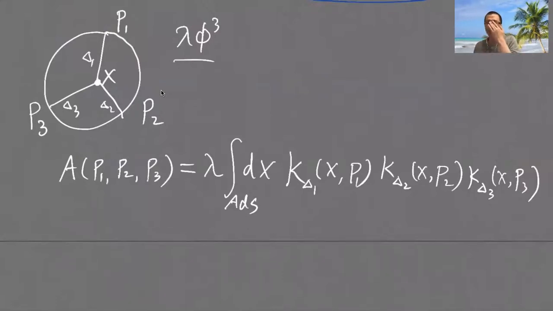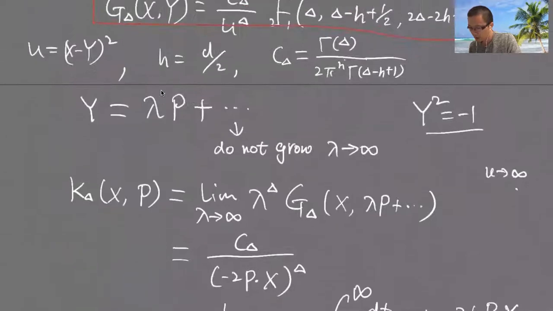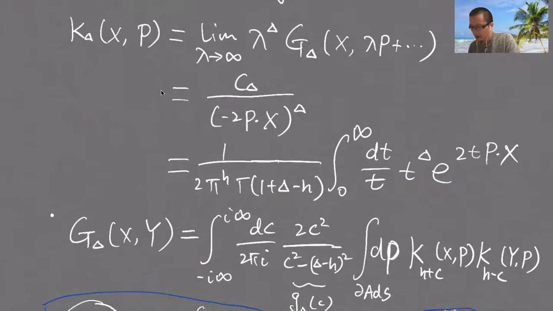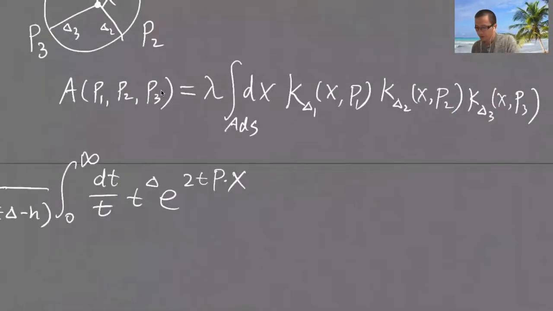Well, so the procedure is very simple. Now you just plug in the definition of the bulk to boundary propagator, which is given here. As I said, it's convenient to use the Schwinger parametrization.